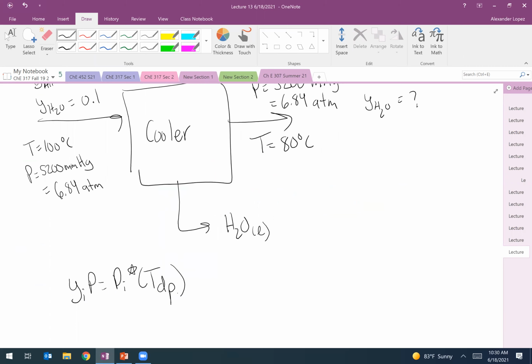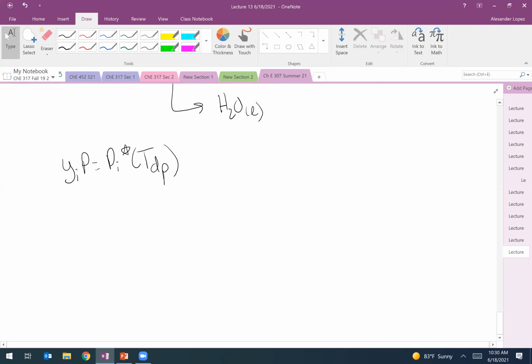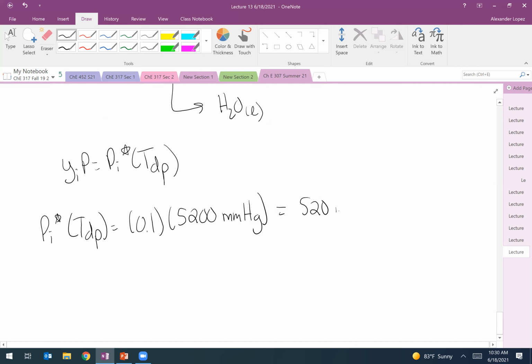So if I have 10 volume percent water when my pressure is 5,200 millimeters of mercury or 6.84 atmospheres, therefore my vapor pressure at the dew point should equal 0.1 times 5,200 millimeters of mercury, or 520 millimeters of mercury. All right, so I got vapor pressure.